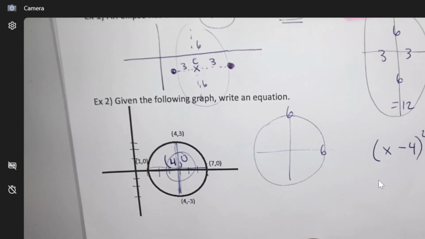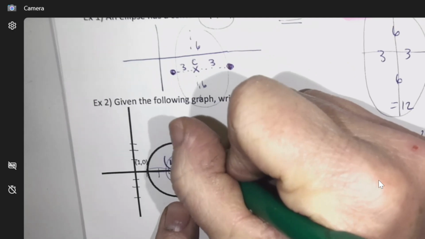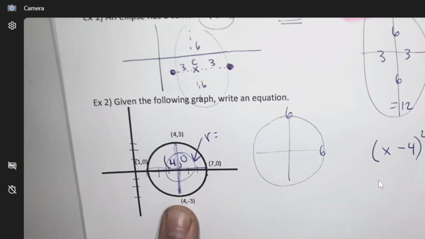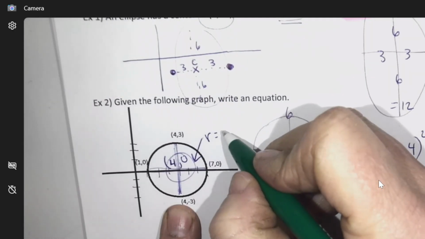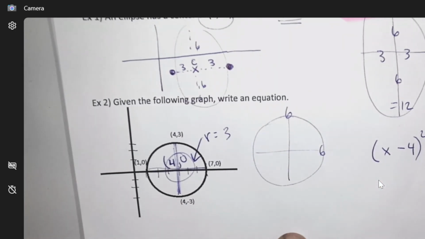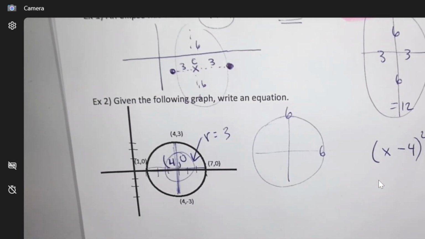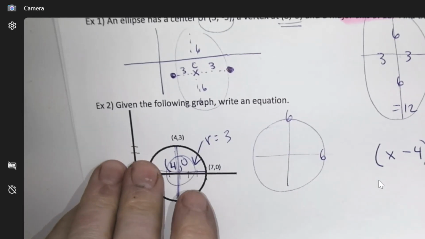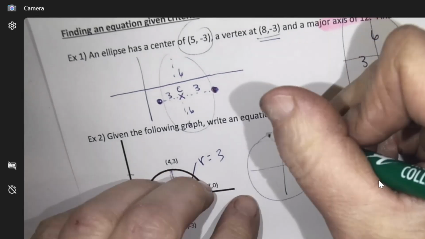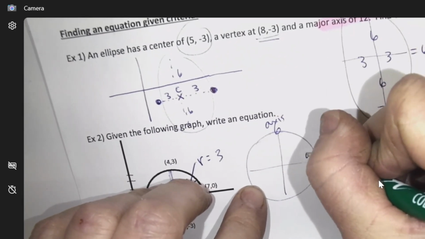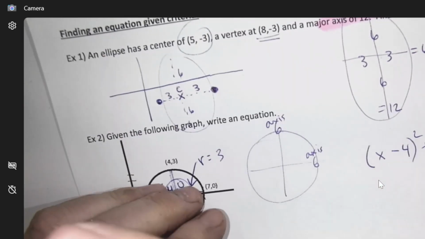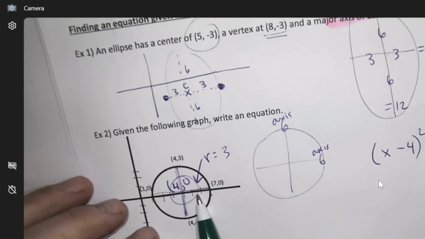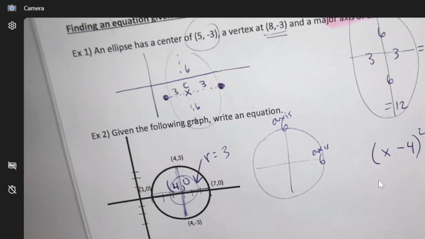So that's the center. And what is the radius? 3. So then that would be a 9. Okay? This word, the 6, is the axis. If the radius is 3, that means both axes are 6.